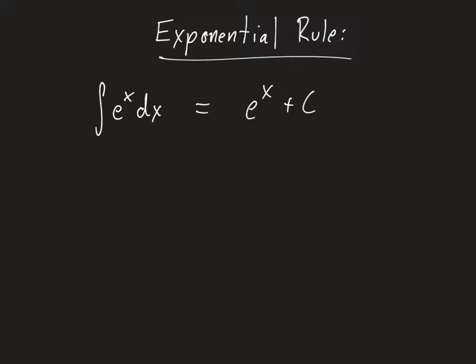There's nothing to undo here, since derivatives don't change e to the x, neither do integrals. And once again, there are no examples for me to give here. There are no additional comments to make, really. All I can really tell you guys is that when you're taking the integral of the function e to the x, integration doesn't change it any more than taking the derivative does.